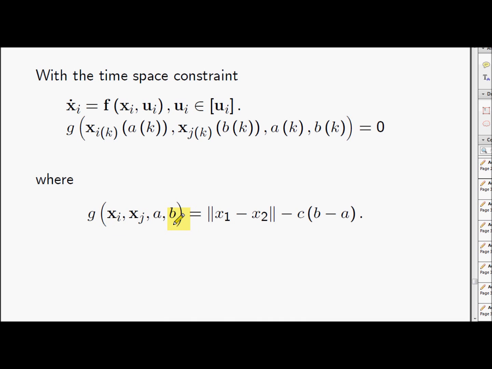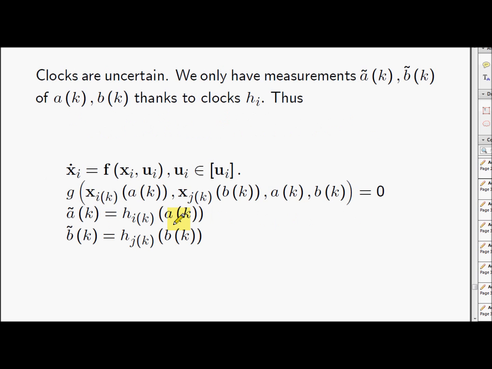Now the clocks are uncertain. So I do not know exactly the times A and B, the absolute times, but I can read the time with an error.